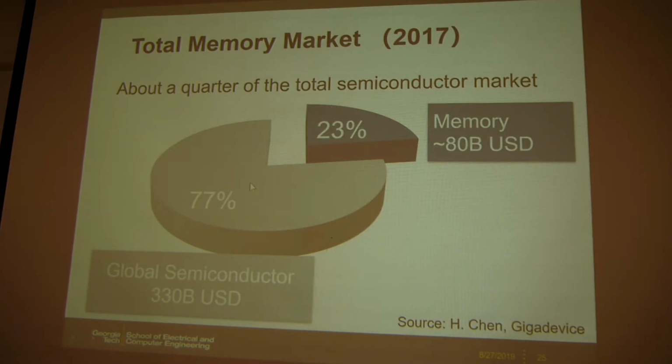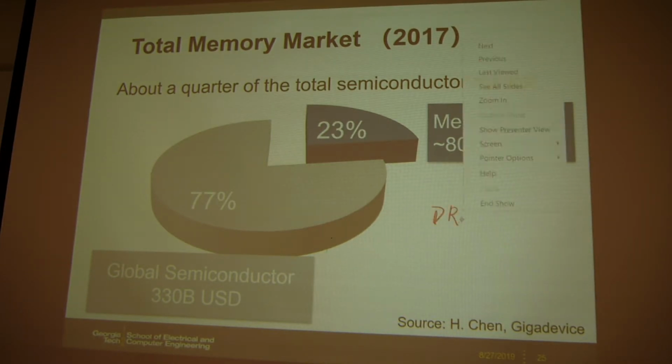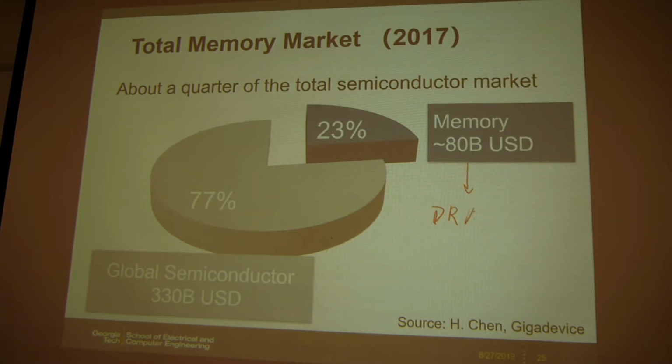Out of this 330, about 80 billion is related to memory. But here the memory we only say is DRAM or flash, because SRAM is embedded on the processor, you cannot really divide that out, right? It's part of the processor.